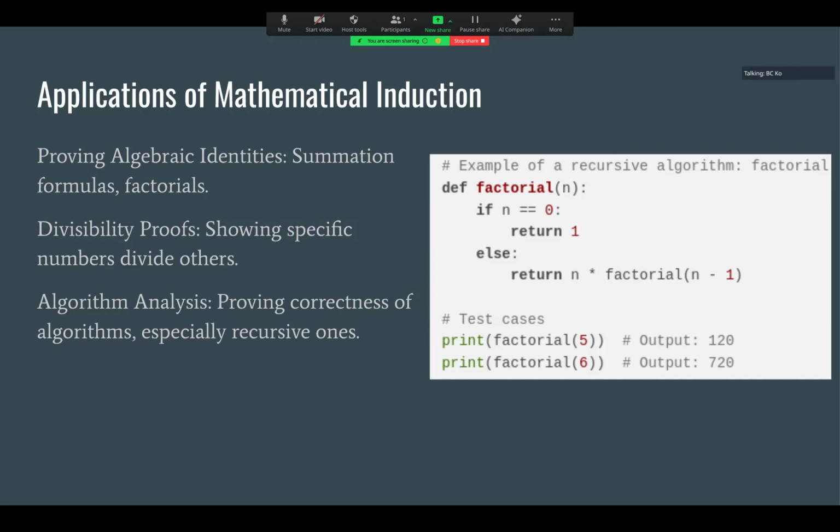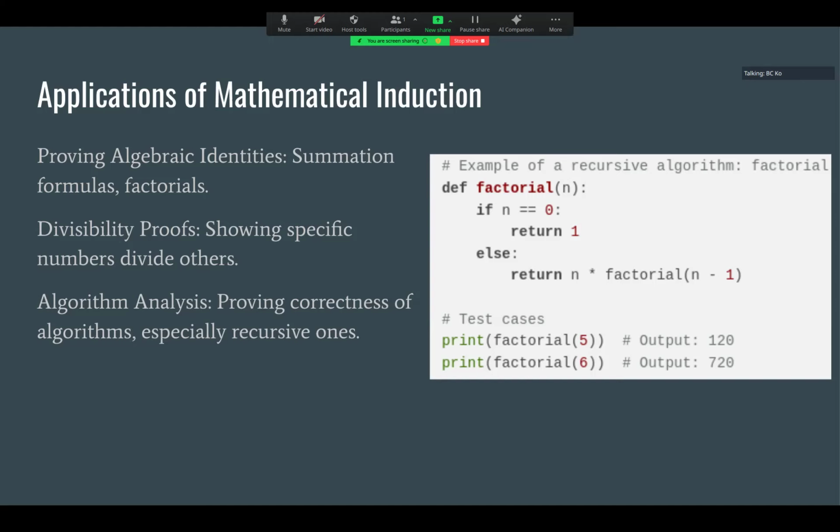Second, it helps in proving divisibility properties, like showing that certain numbers divide others. And lastly, mathematical induction is really important in algorithm analysis, specifically in proving the correctness of recursive algorithms.